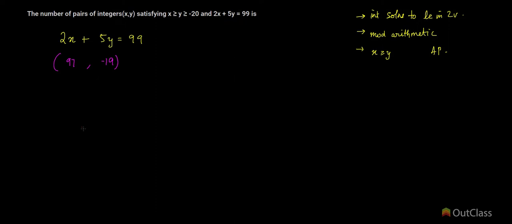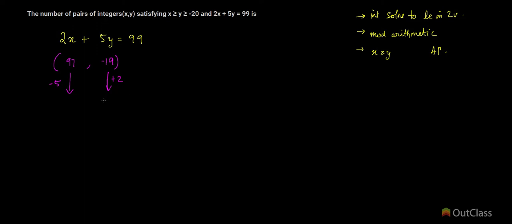Now how do you generate other solutions? You take the coefficients, you swap them, and you increase. You can decrease this by 5 and increase this by 2. Take the coefficients, swap them, give 2 to y and 5 to x, and you increase one and you decrease the other. Because you started at y at a very low value, you want to increase y and you want to decrease x.